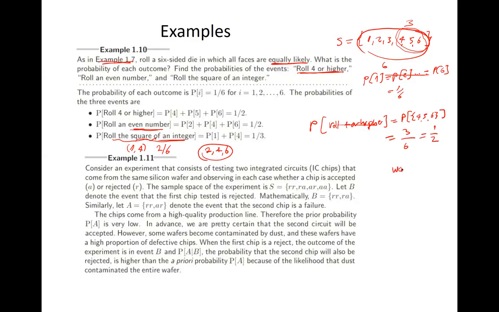We have a wafer here, and there are two ICs, IC1 and IC2, and I test whether each is accepted or rejected, A or R. So altogether, the first one could be accepted, the second one accepted, or the first one rejected, the second one rejected.